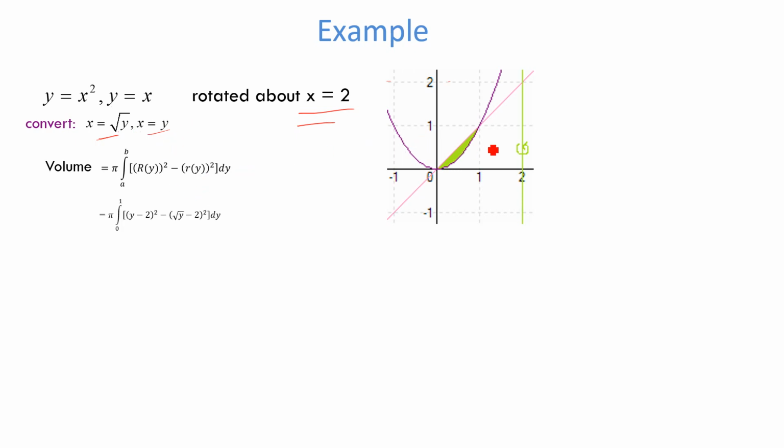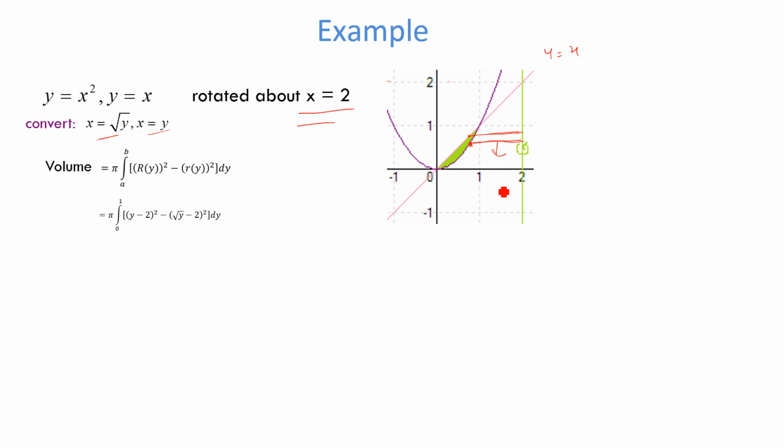So again, we are going to revolve this curve and the line y is equal to x. That is this. So how to find this line? This is y minus 2. Sorry, outer is y minus 2, this, and inner is square root of y minus 2, which is this line.